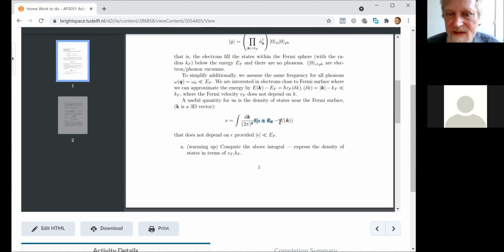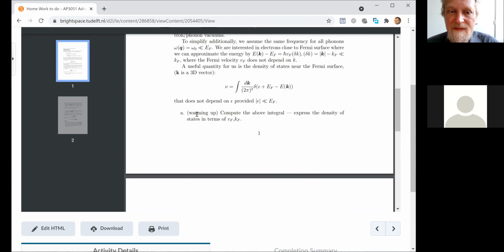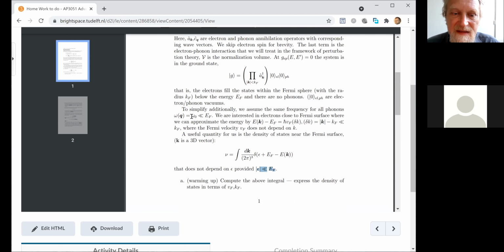That's why we put this delta function that cuts a tiny interval in energy space, and we integrate it over all k. So this is the density of states. We will see similar formulas several times in our course. And again, we assume that it doesn't depend on epsilon, near the Fermi surface, and we are near the Fermi surface because of this approximation.